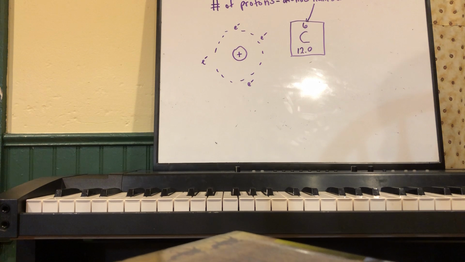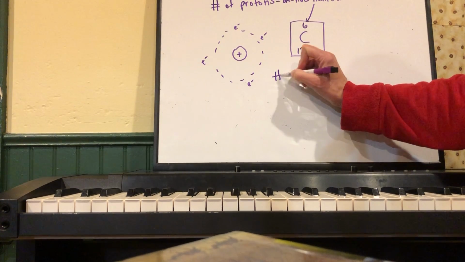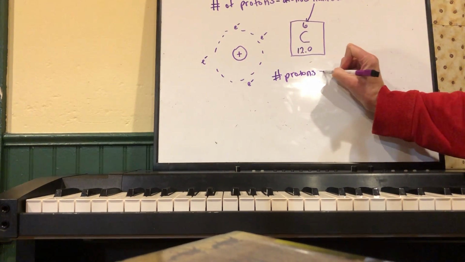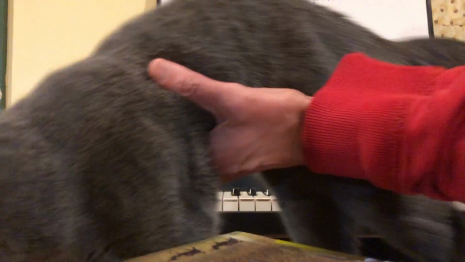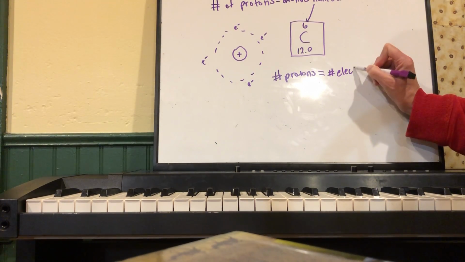There has to be, because in nature, everything wants its positives and its negatives to be balanced. So the number of protons equals the number of electrons.